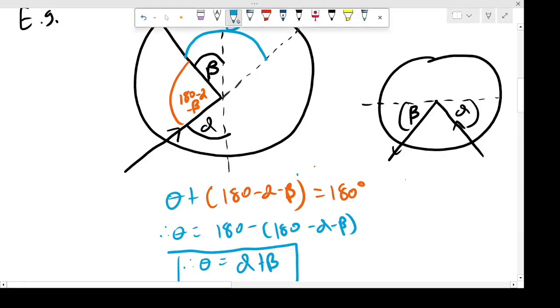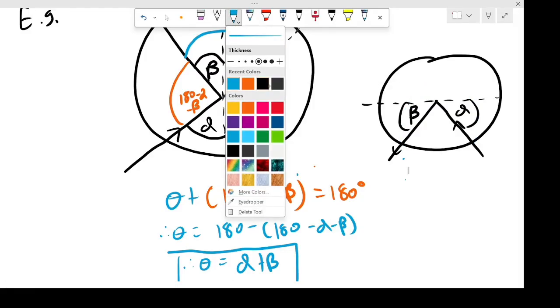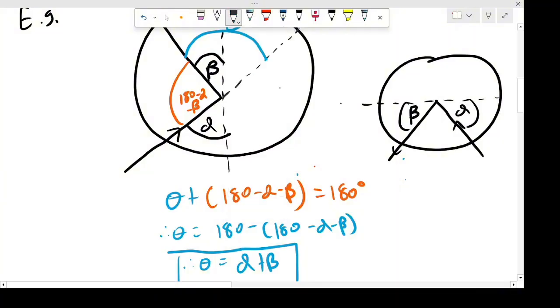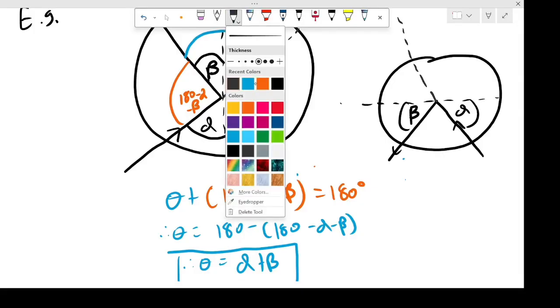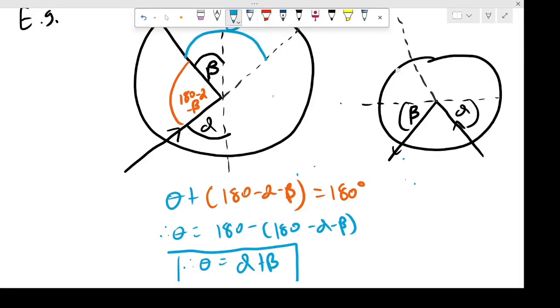By the way, to show you, the same thing will apply in this diagram, right? Because it's the exact same diagram but just rotated horizontally. If we were to extend the original direction like this, then you can see the angle deflection is going to be here, right? So all of that's again going to be theta.